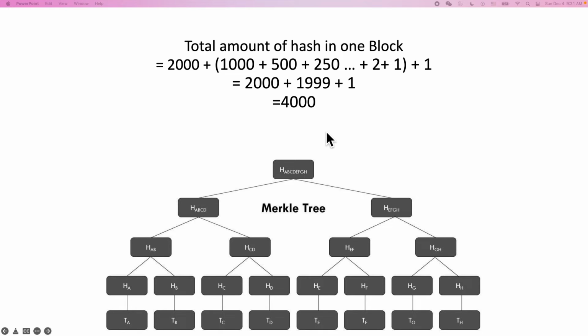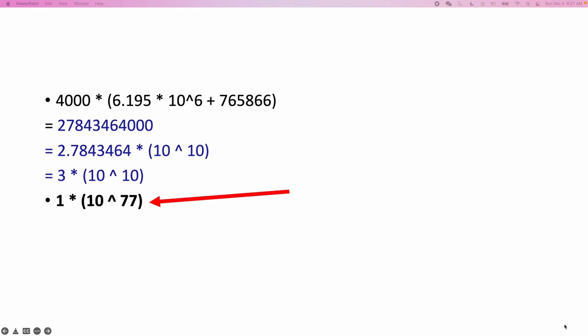So the total amount of hash in one block is 4000, and total amount of blocks in Bitcoin times the amount of hash in one block, we can get the total hash amount in Bitcoin blocks. It's 3 times 10 to the power of 10.